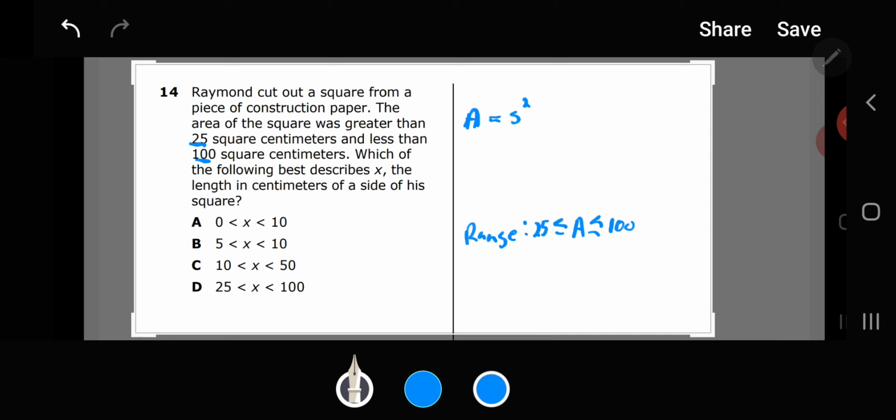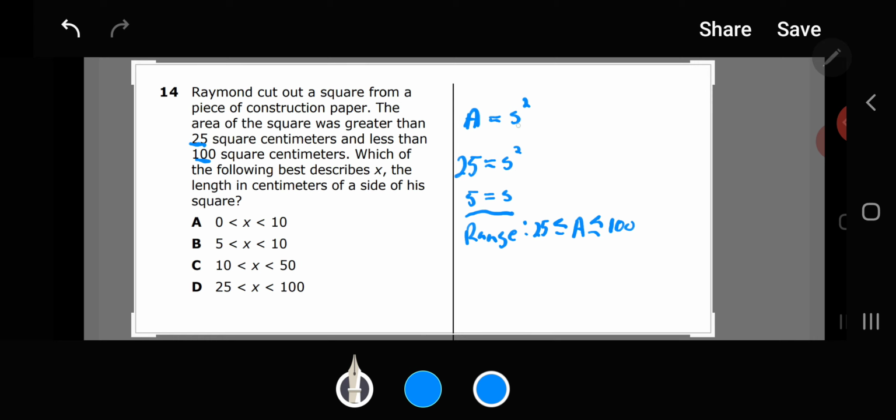Well, since the least amount our area can be is 25, we can solve by just putting 25 equals S squared and think, well, what number times itself gives you 25? Well, if you came up with the answer 5, you'd be correct, because 5 times 5 is 25. So that's the smallest our side could be.